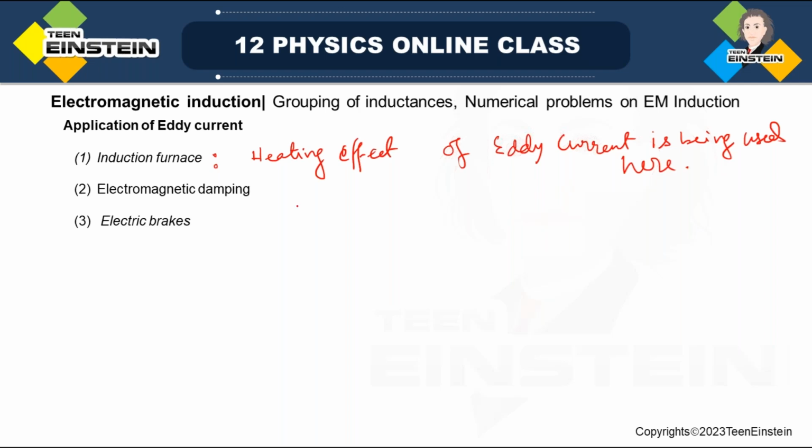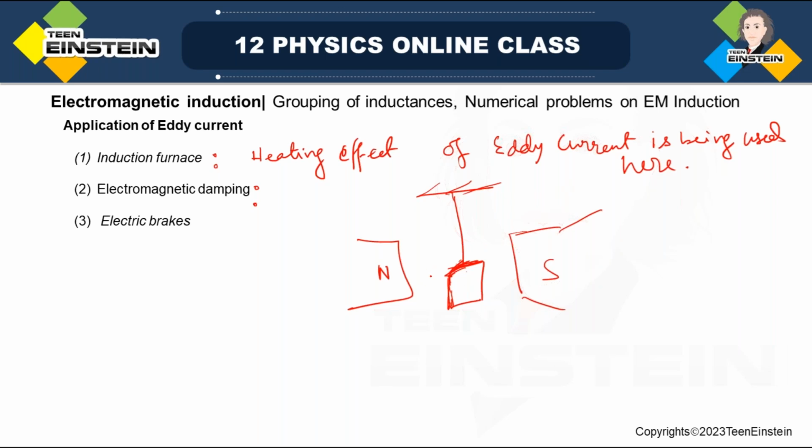See, electromagnetic damping. Suppose I have two electromagnets, this is N, this is S. Now if you have a thin metal, suppose this is a metal sheet or small metal plate, which is capable of oscillating across this region, that means it can go out and in this region.